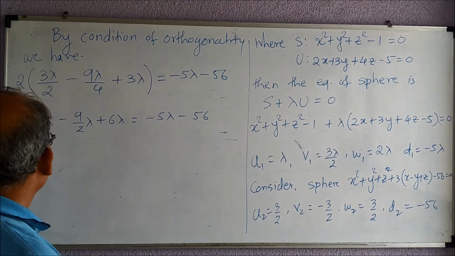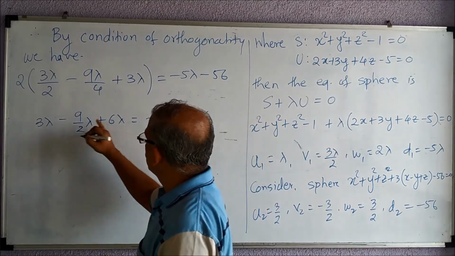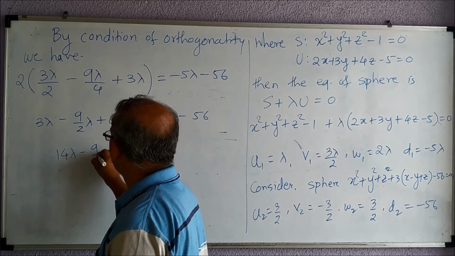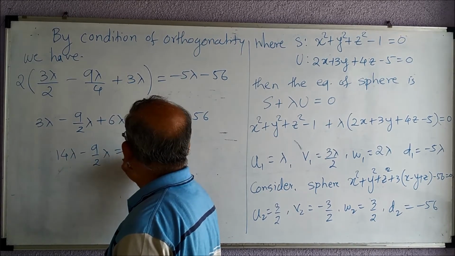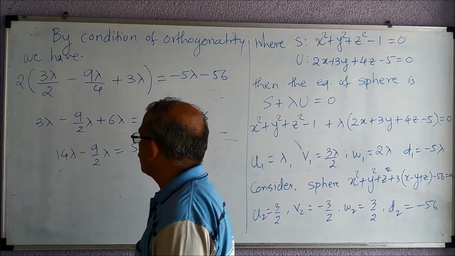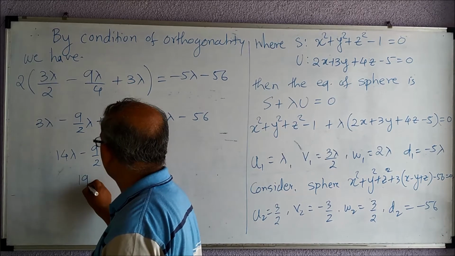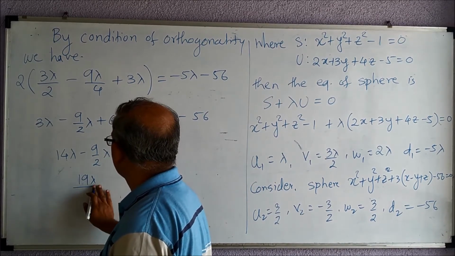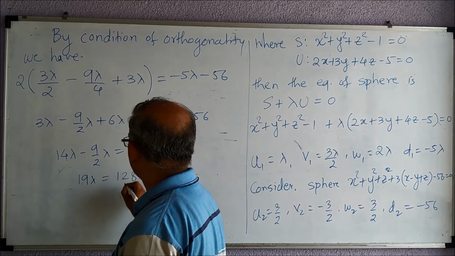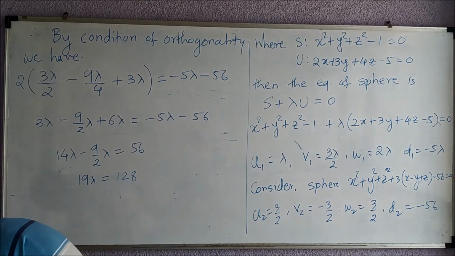If I take all lambdas together on one side, what I'll get is 14 lambda minus 9 by 2 lambda is equal to 56. So it is 28 minus 9, this is 19 lambda is equal to 128. Is this calculation correct?